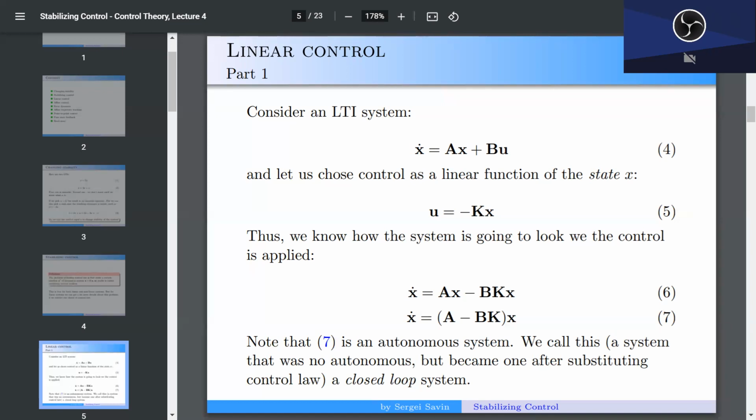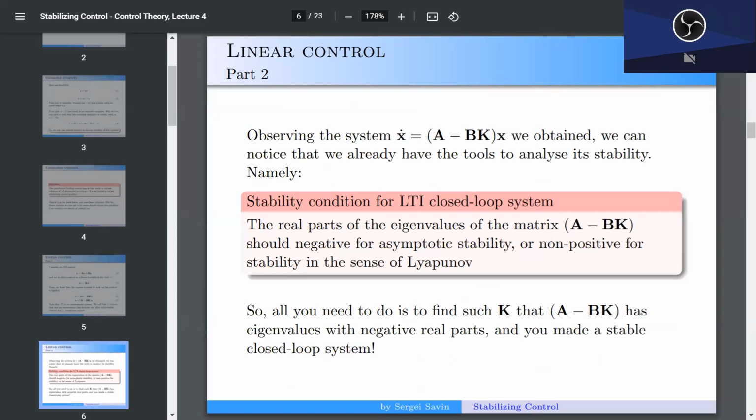Great. That is, by the way, this same statement, but outlined. So if the eigenvalues of this are, again, non-positive, it is stable in the sense of Lyapunov. And that often happens in practice. Sometimes it is impossible to make a system stable.